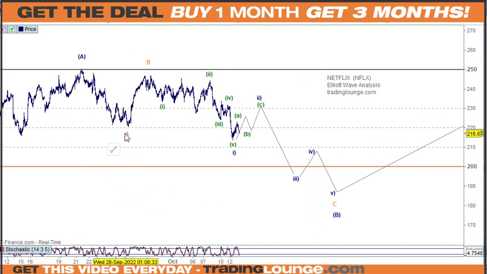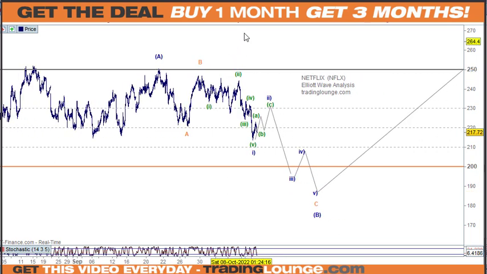I've got the A wave here, the B wave here, and the C wave over here. I might need to bring the B wave over here, but I've got kind of a little 5 waves in here, which I like. Then an A and a B and a C, not a very nice C wave, so that's my weak spot in the count. And then wave 3, 4, and 5 for 1, A, B, C for 2, and then down from that point. So yeah, that's where that is.